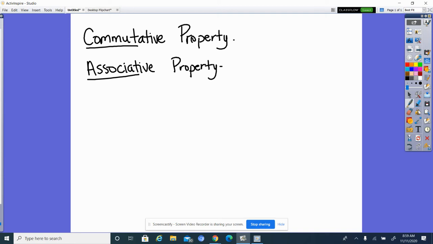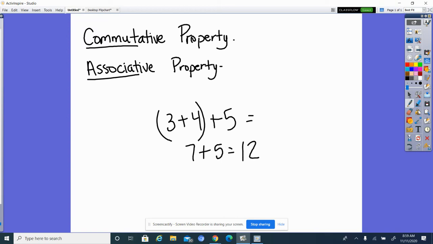Together, right? Okay, so the associative property means we can put parentheses around. There we go, back to our 3 plus 4 plus 5. If I put that there, what do I do first? Yep, equals plus 5 equals 12, right? Okay.